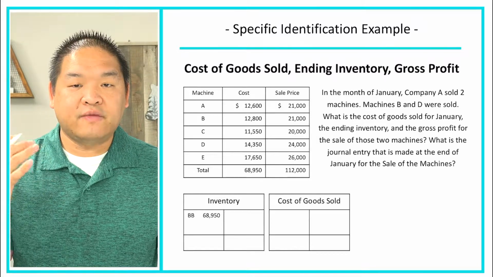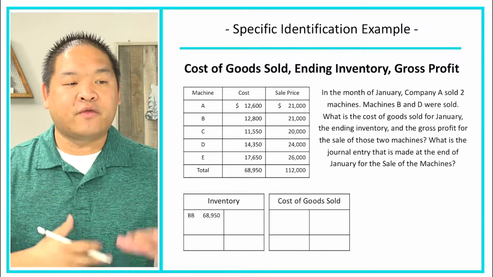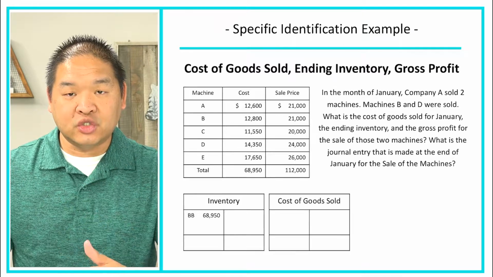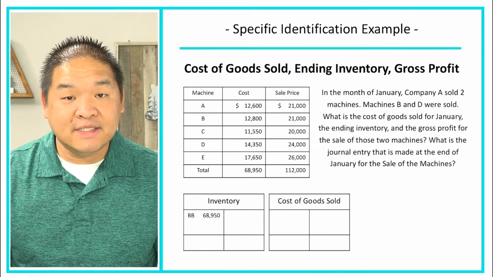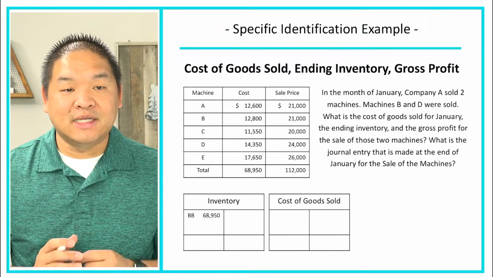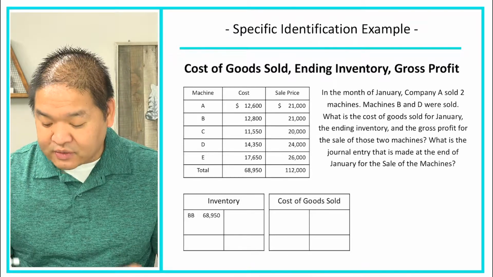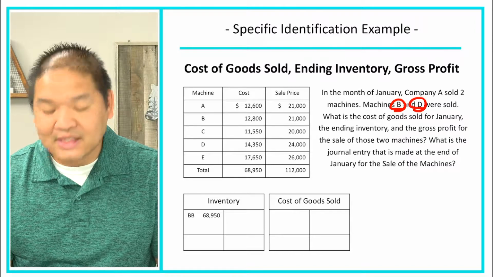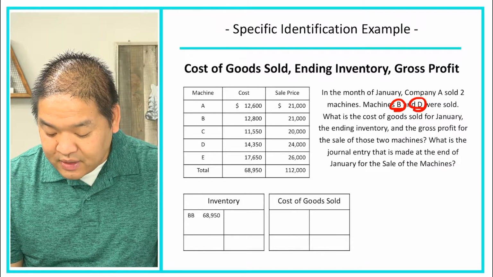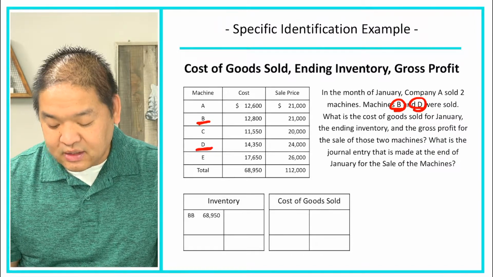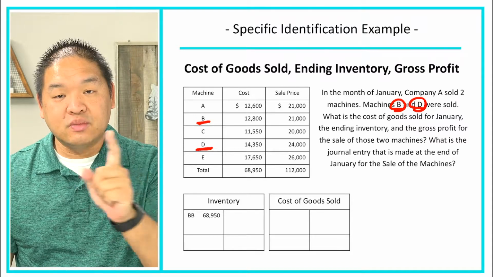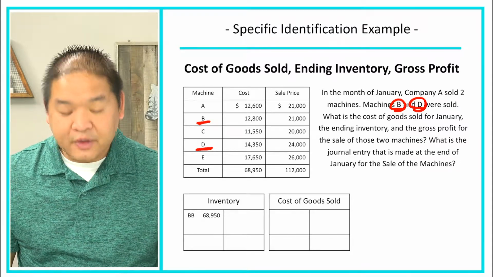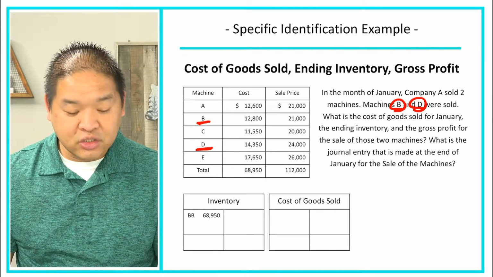So what we're trying to figure out is how much are we going to move from inventory to cost of goods sold. We're using specific ID here. With specific ID, we need to link the cost with the specific item. So in this case, we sold merchandise B and merchandise D. So B and D would be the 2 costs that we are going to move from inventory to cost of goods sold.